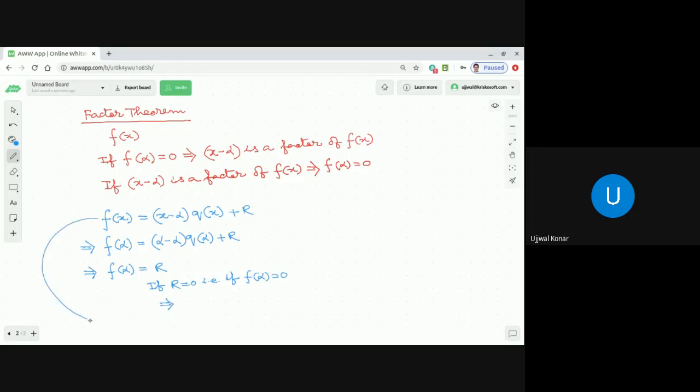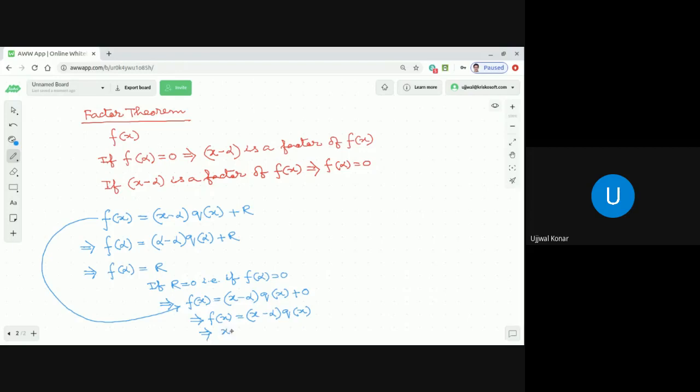We are going to write f(x) equal to x minus alpha into q(x) plus 0. Correct or not? That implies f(x) is equal to x minus alpha into q(x). That implies x minus alpha is a factor of f(x).